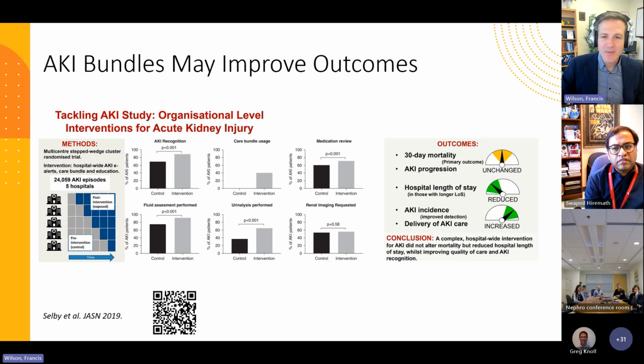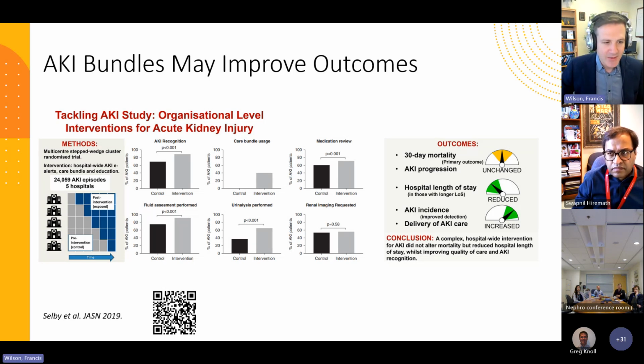It has to change outcomes. It did not change 30-day mortality in these patients or AKI progression. There was a reduction in hospital length of stay, and there was improved diagnosis of AKI and delivery of AKI care. So process outcomes, the needle was moved. Clinical outcomes, not so much.